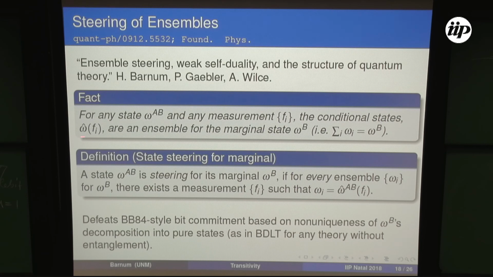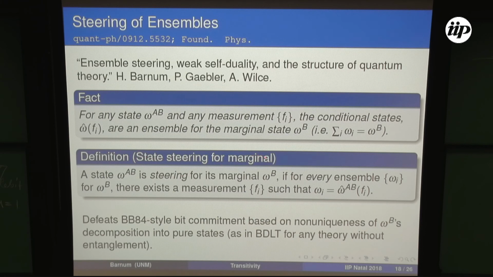Okay, steering of ensembles. Having unnormalized states makes it easy to represent ensembles because the probability we just fold in is the norm of the state. So if we have a state omega AB and a measurement f sub i, it always holds that the conditional states are an ensemble for the marginal state. The unnormalized conditional states add up to the marginal state.